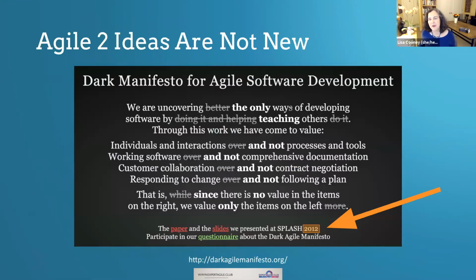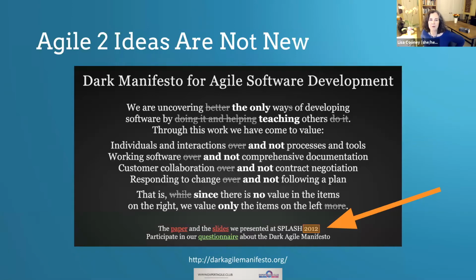And there's some crazy stuff online. This is not really a new concept that there's this problem here. But I came across this dark manifesto, which was put out in 2012. So people who actually do the work and have Agile imposed on them sometimes really hate it because they feel like it's dogmatic and inflexible.